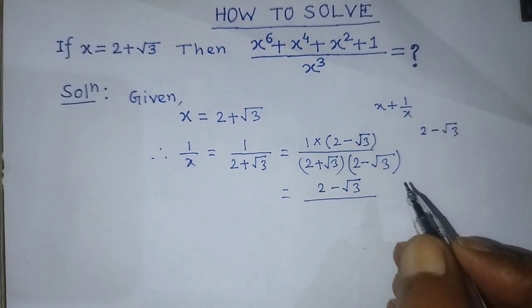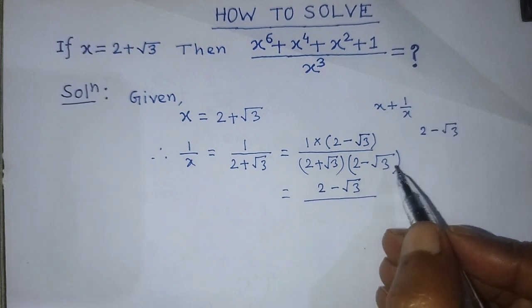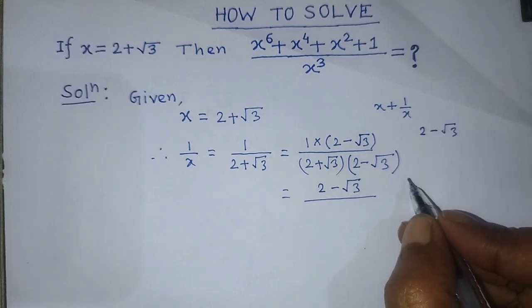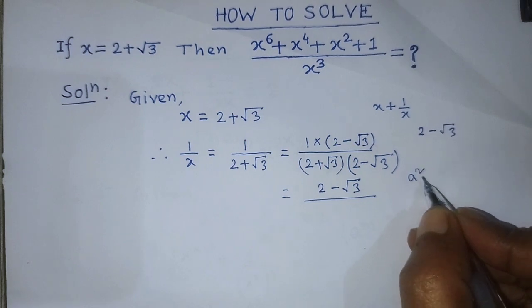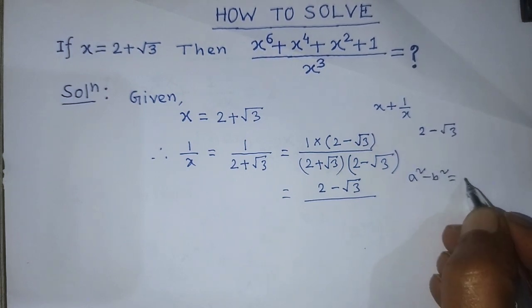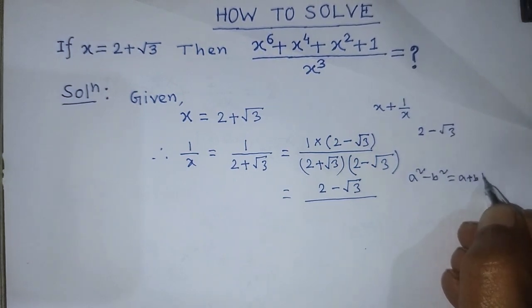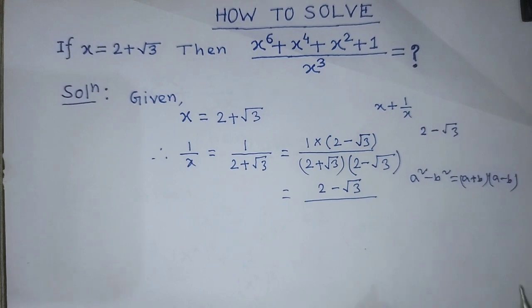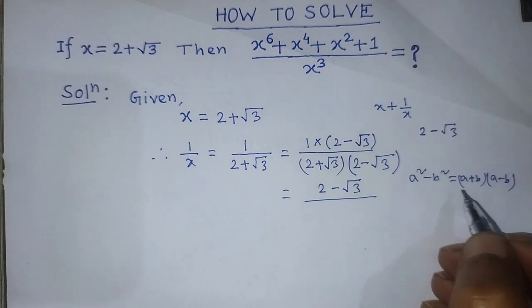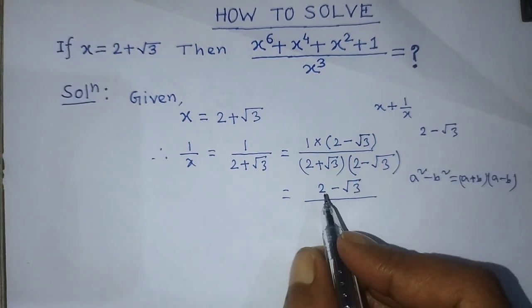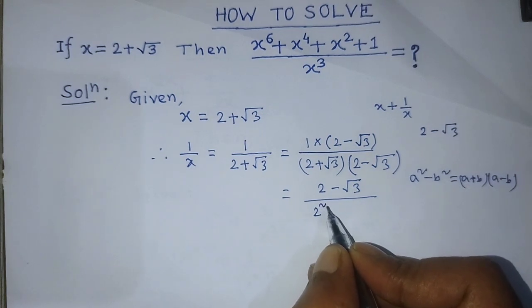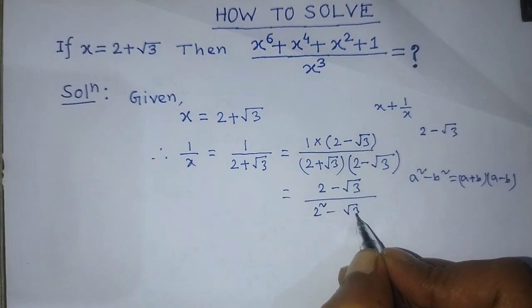To simplify the denominator of this fraction, we have to apply the formula a square minus b square is equal to a plus b into a minus b. According to this formula, you can write the denominator as 2 square minus root of 3 whole square.